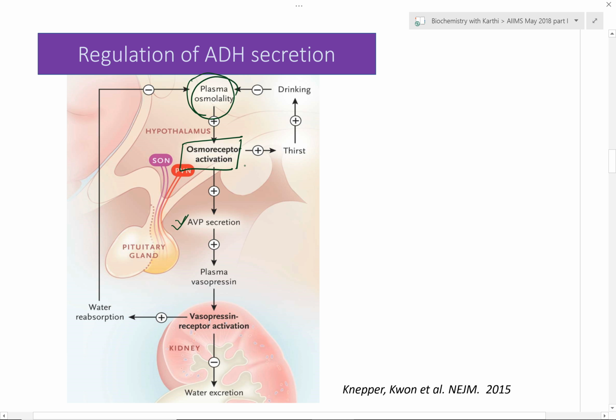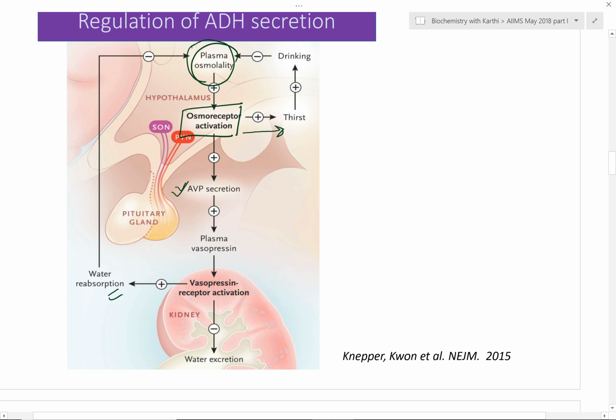The osmoreceptor activation will also lead to the activation of the thirst mechanism, causing a drinking behavior in the individual, which will subsequently decrease the plasma osmolality. The AVP secretion will also cause water resorption from the kidney, which will also decrease the plasma osmolality.